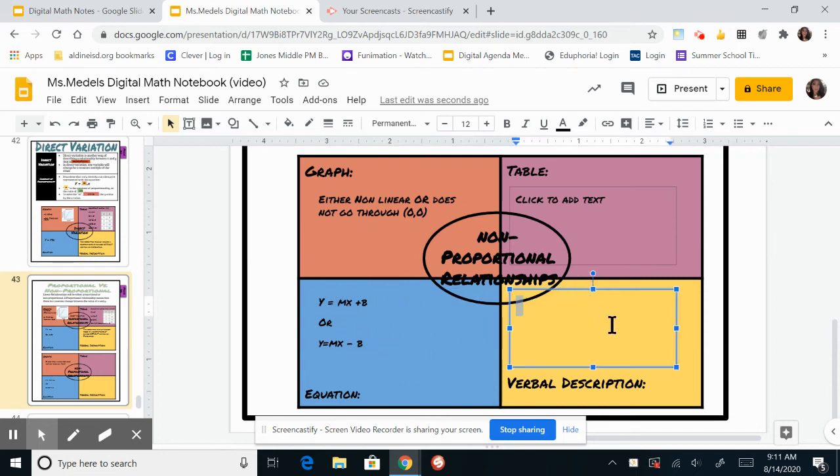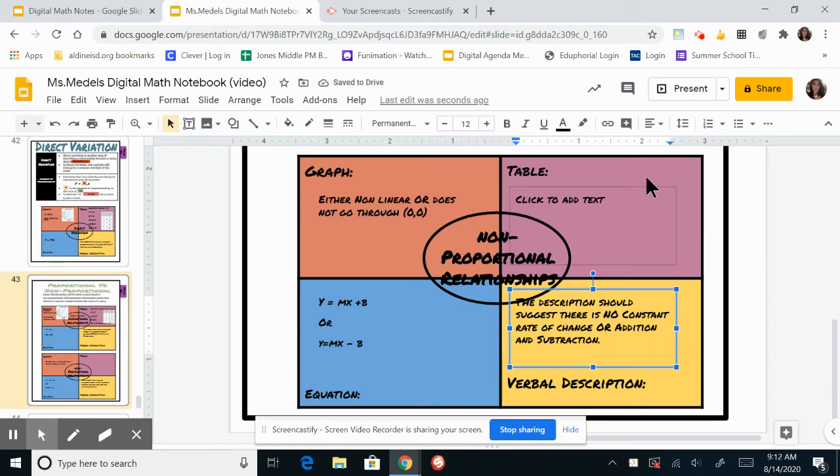So in the verbal description, the description should suggest there is no constant rate of change, or addition and subtraction.